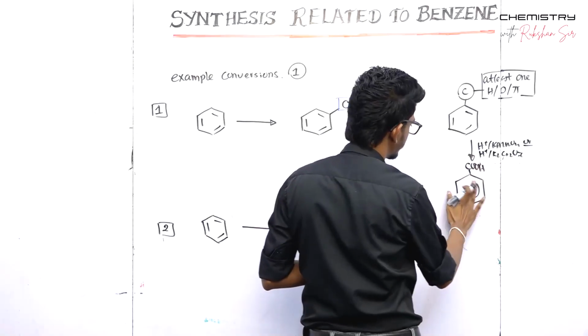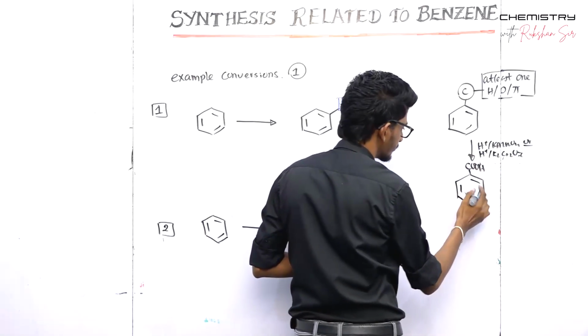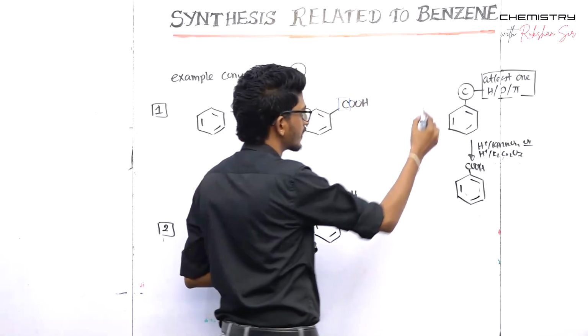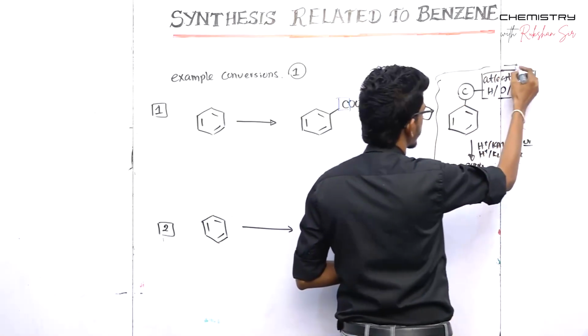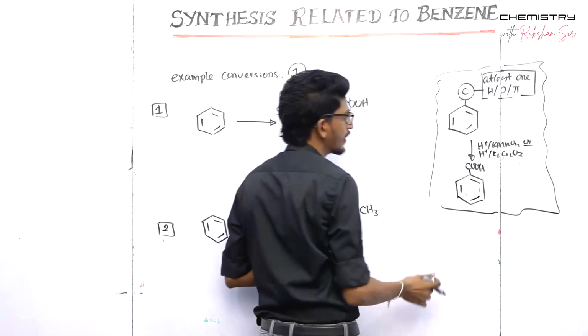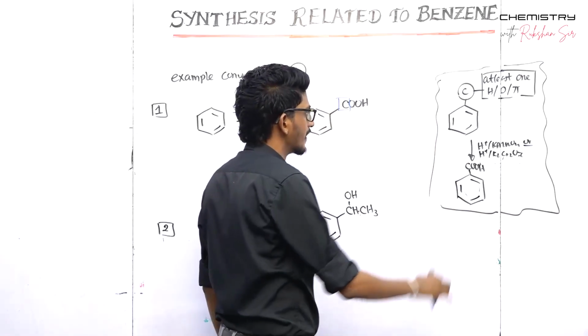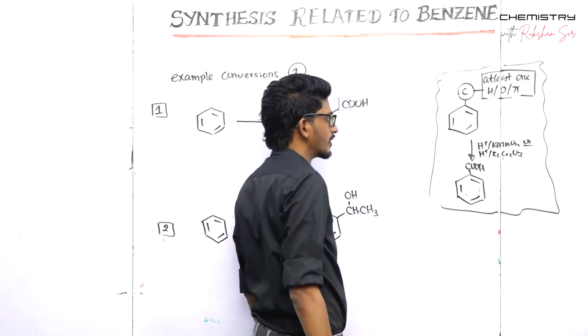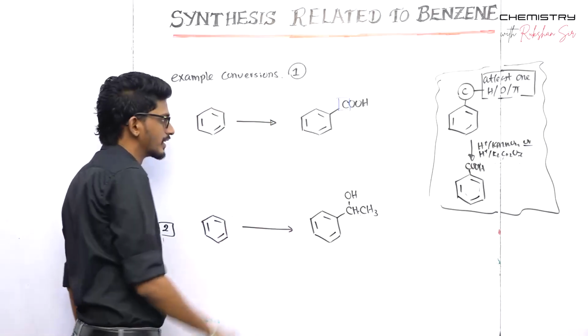We know this stuff, no? So the benzoic acid can be formed by any of these things, if you have a hydrogen or a double bond to oxygen at your carbon. So now this is very clear.